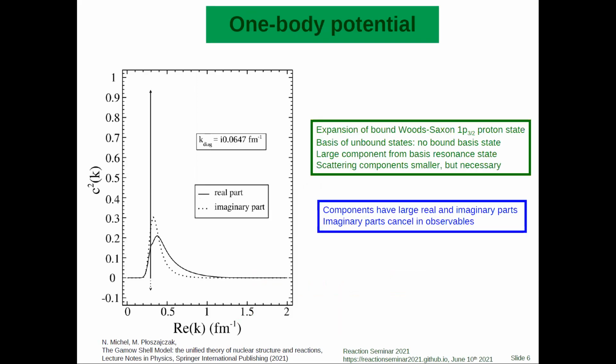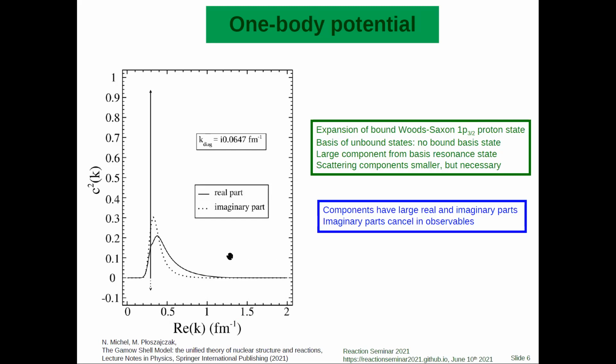It is an example of the expansion of a one-body state, a Woods-Saxon 1p3/2 proton state, with a basis generated by another Woods-Saxon potential. So we take a bound state here of real energy, and it is expanded with a Woods-Saxon basis where one has no bound basis states, only resonance states.